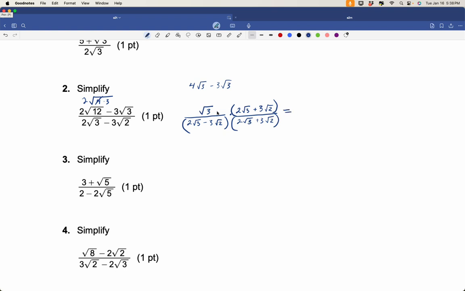So that's going to be square root of 3 times square root of 3 is going to be 3 times 2, so 6, plus 3 times the square root of 6.